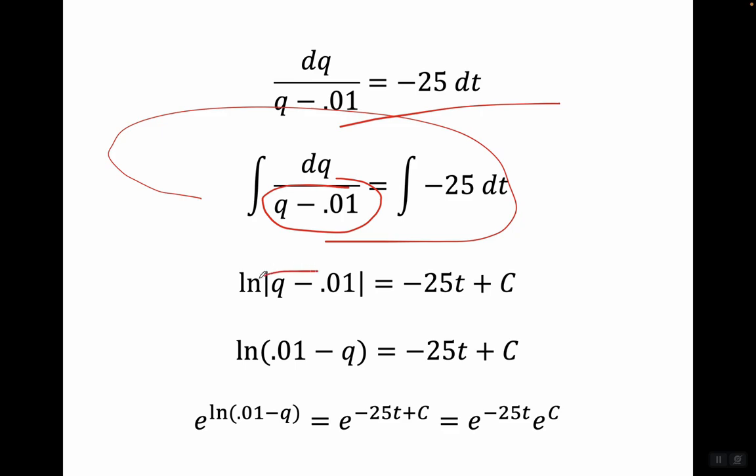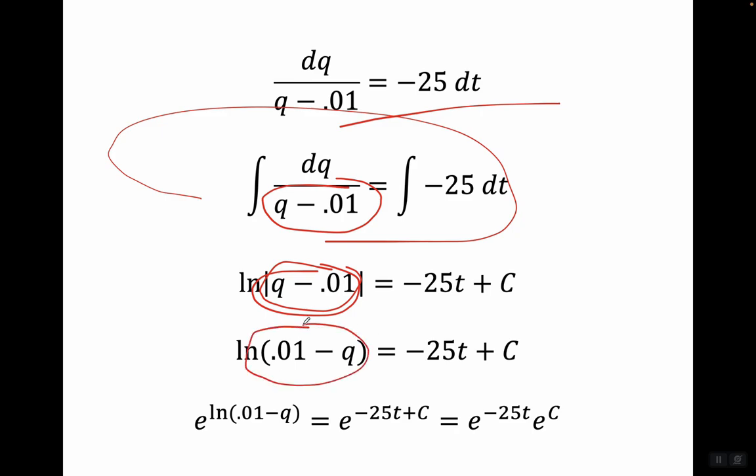So the absolute value of Q minus 0.01 is 0.01 minus Q, and that again is because Q starts off small. Q starts off at 0, and truth be told, it actually goes from 0 up to 0.01. So when you take the natural log of the absolute value of that, you just get the natural log of 0.01 minus Q.